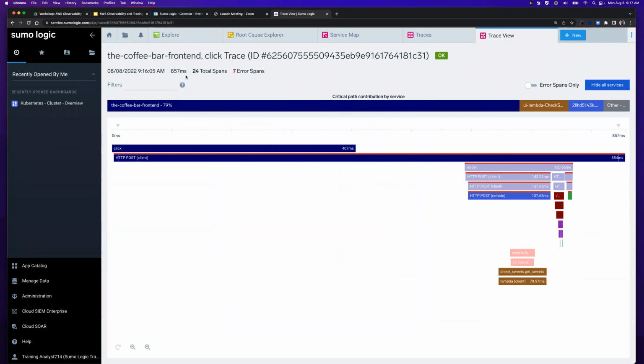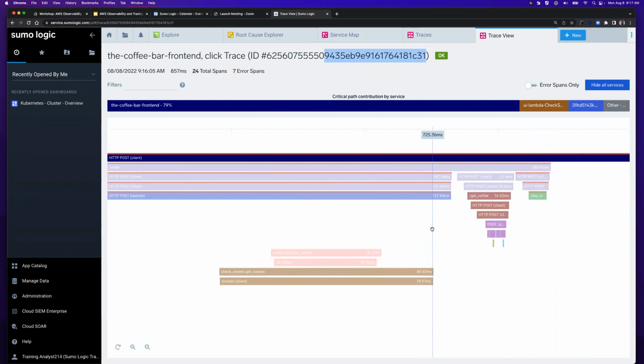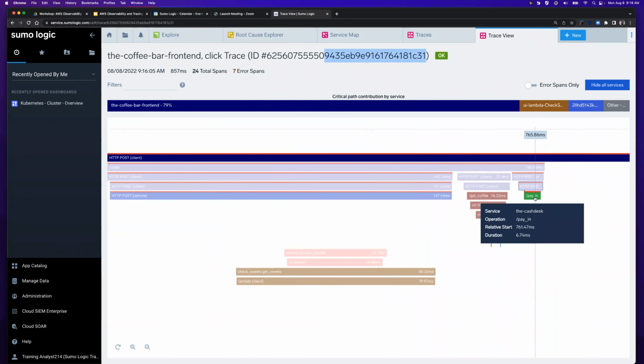So this order took this long. Here's the order number. And here, you can zoom in a little bit, we start to see those various services that are part of ordering the cup of coffee. So for example, we see the paying, the cash desk that I referred to, the calculation of the charging of our credit card.